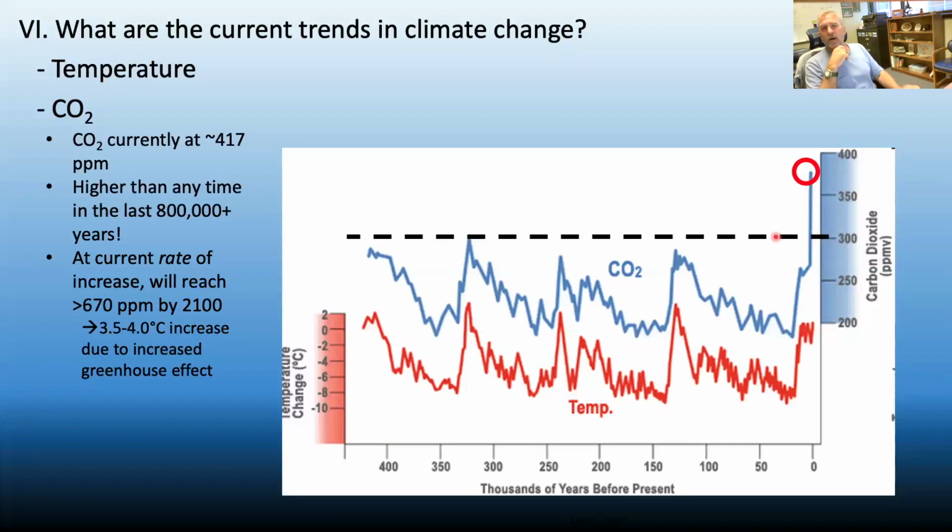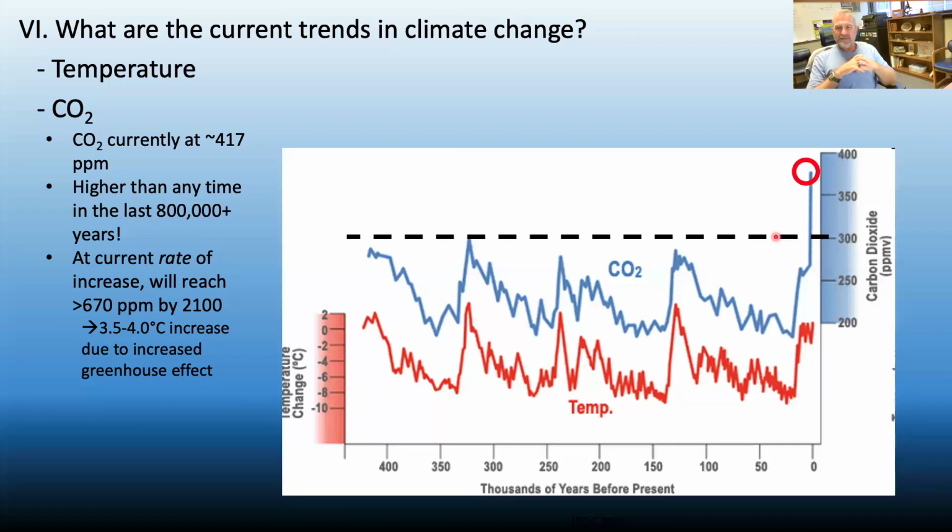So currently, our carbon dioxide levels are between 417 and 419 parts per million. All right. This is higher than it's been at any other time in the last 800,000 years. At this current rate of increase, we expect that carbon dioxide is going to be over 670 parts per million by 2100. Why is this important?